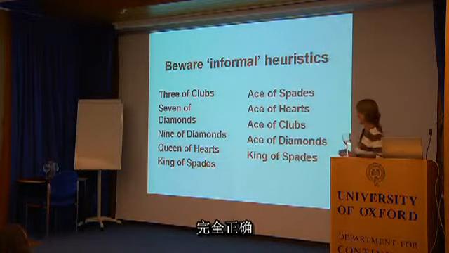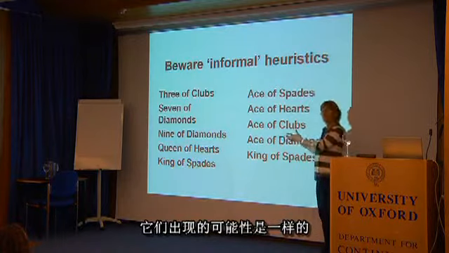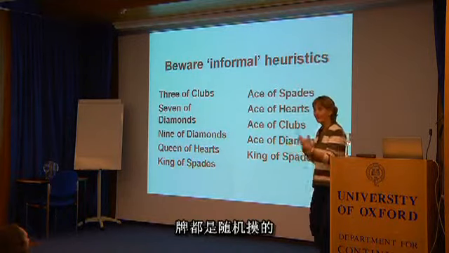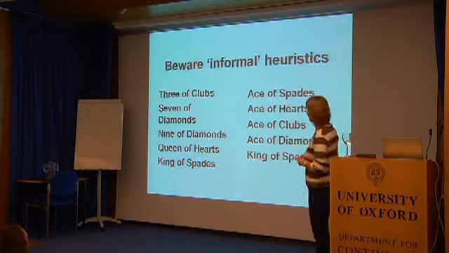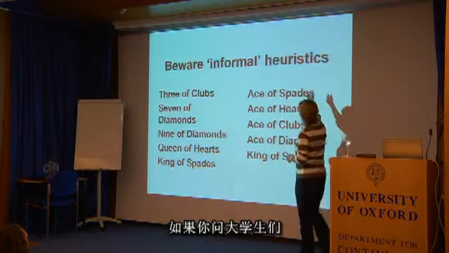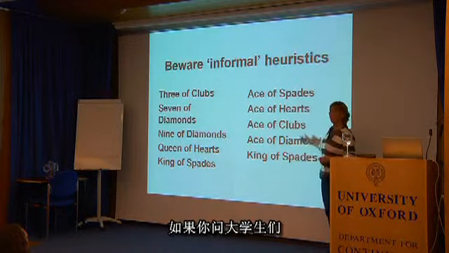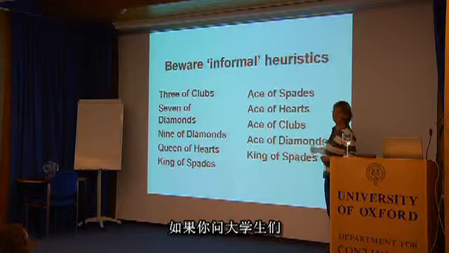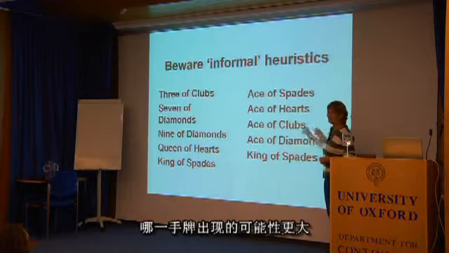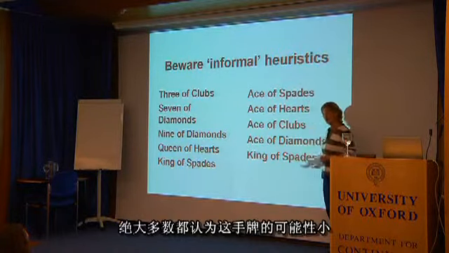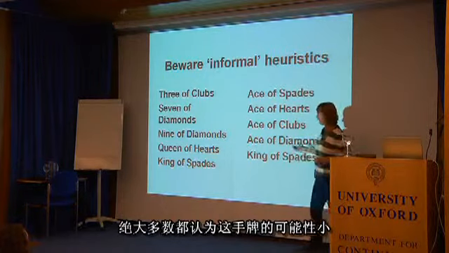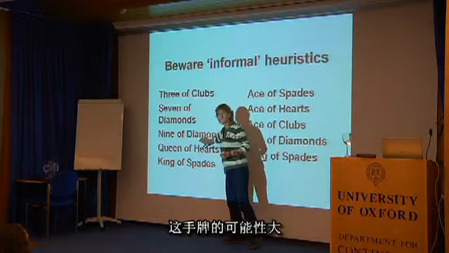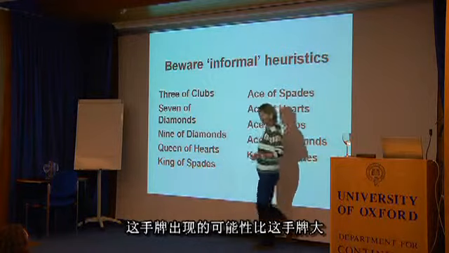You're absolutely right. They're actually equally likely to come up because, of course, cards are just at random. But actually, if you ask the students at the university where this experiment was done which hand is likely to come up, they come out overwhelmingly against this one and for this one. This is much more likely to come up than this one.